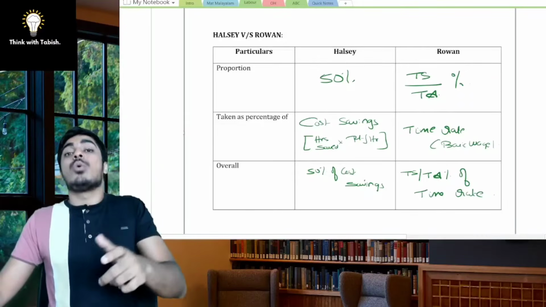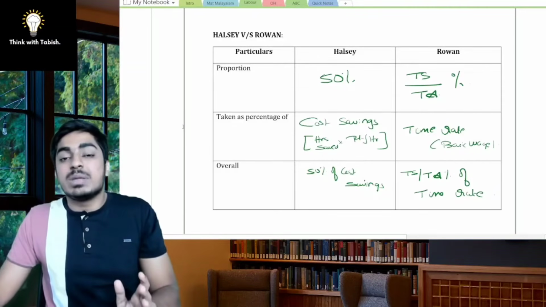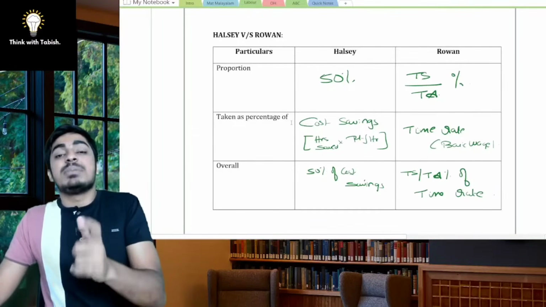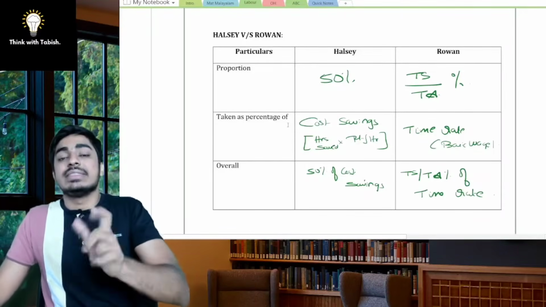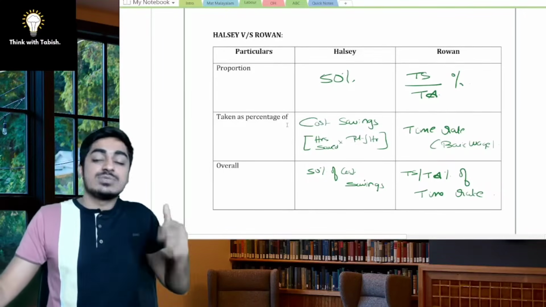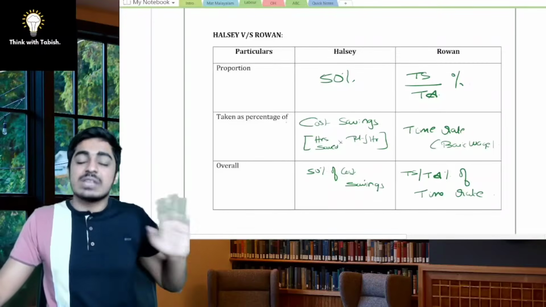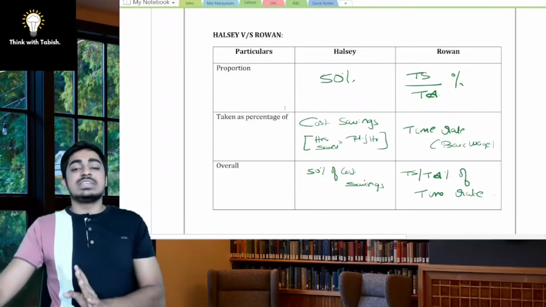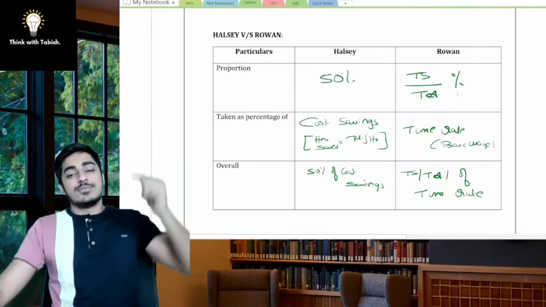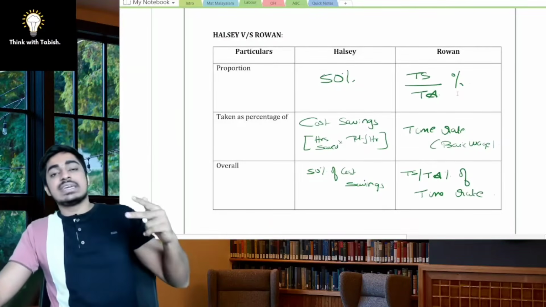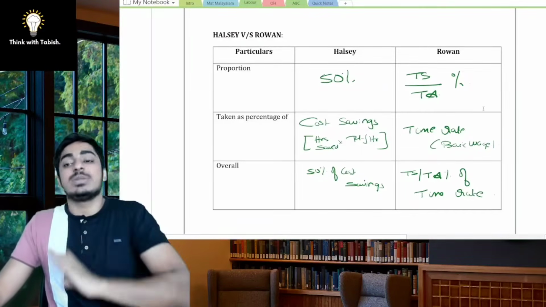In the Rowan scheme, we are paying them the percentage on time rate, that is whatever is the hours worked into rate per hour, that is nothing but a basic wage. So this is the difference between Halsey and Rowan. Firstly, in terms of proportion, and secondly, in terms of what amount we are paying the percentage.